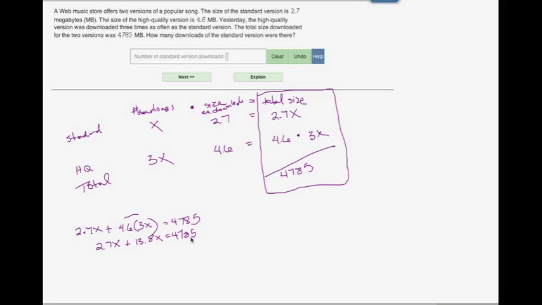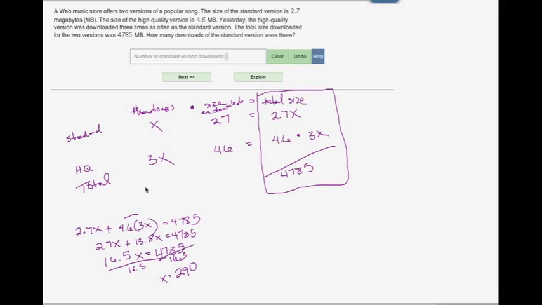13.8 plus 2.7 is 16.5. So 16.5x equals 4,785. And then we need to divide both sides by 16.5. And we get 290 for x.